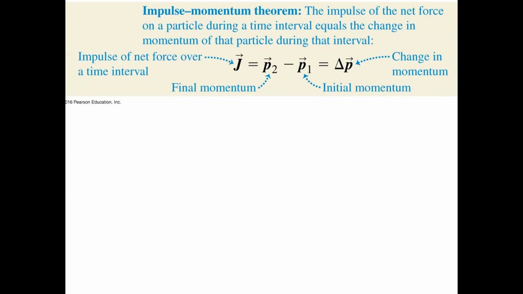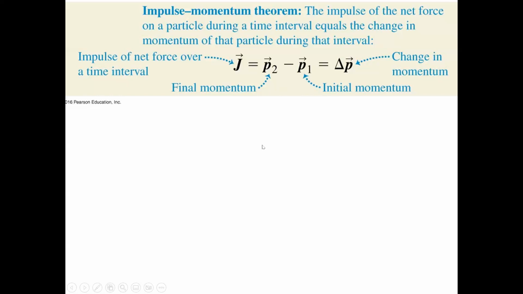And on the right hand side, there is a change in momentum, which is delta P. Delta P is simply final momentum minus initial momentum. So this equation connects the impulse of a net force with momentum. We can express impulse as a change in momentum. Impulse is equal to delta P, or P2 minus P1.